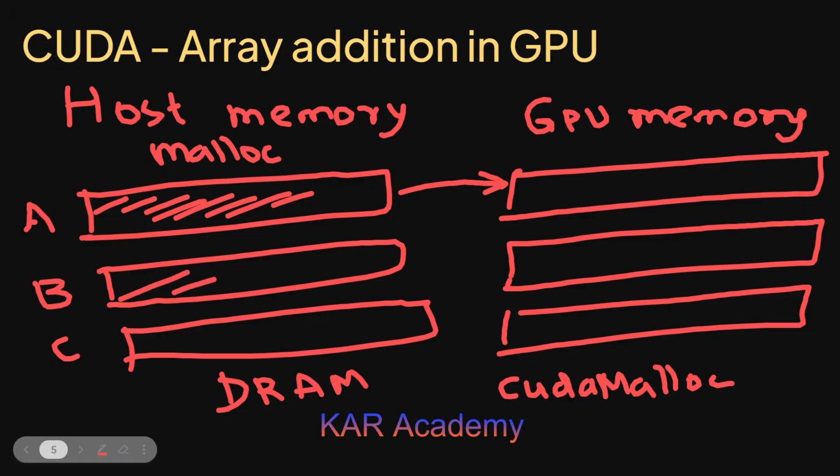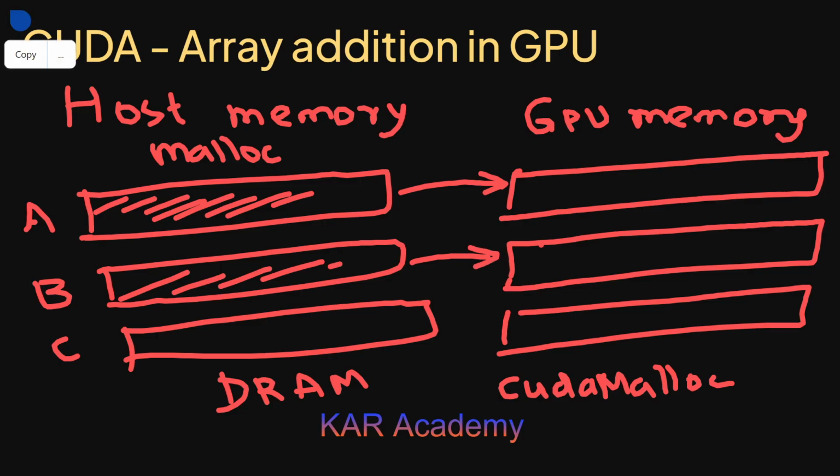Similarly, once you fill the host memory, you will have to go and fill the GPU memory. Then the GPU is going to perform the addition, so the result is filled here. This device memory result will have to be copied back to the CPU.